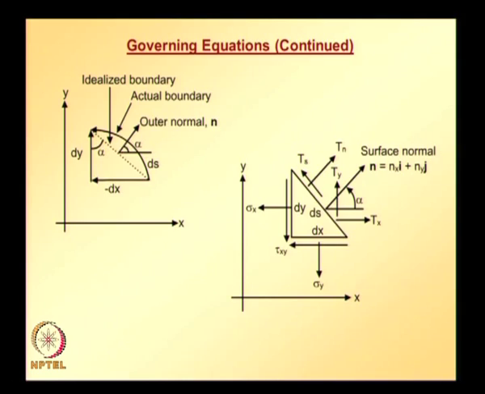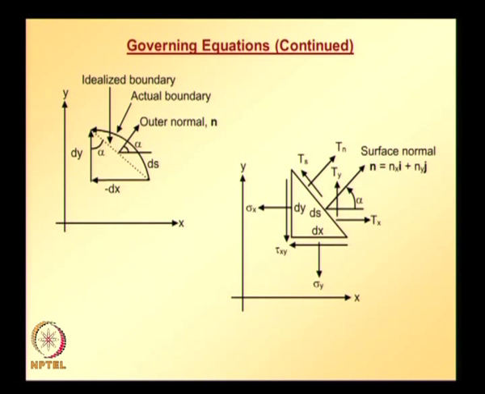And here a differential element on the boundary on which traction is specified is shown. In the first figure, both the actual boundary and the idealized boundary are shown, and we will be doing all calculations on the idealized boundary.